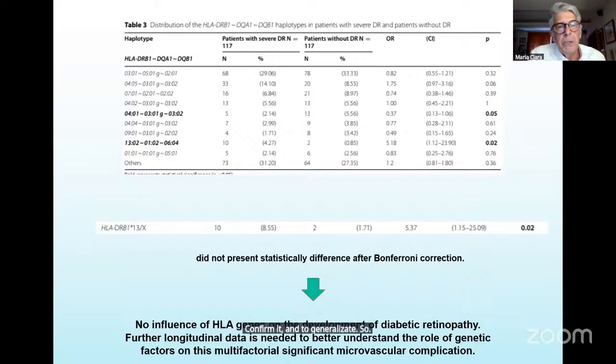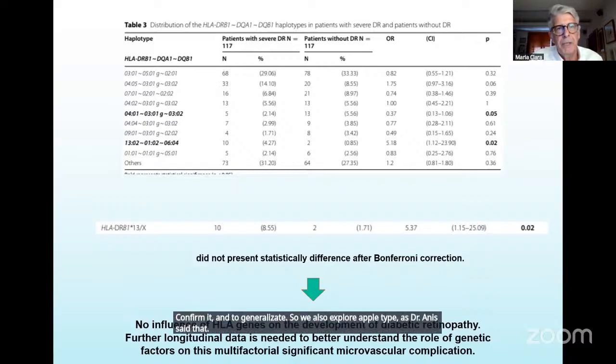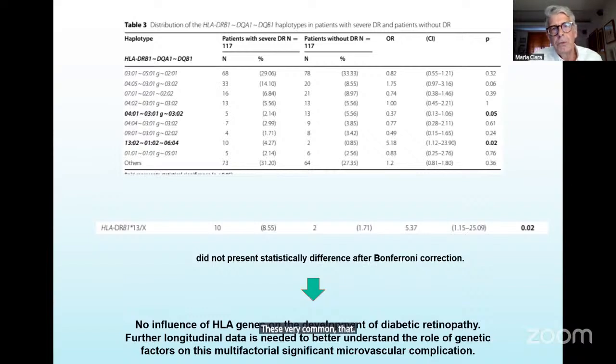So we also explored haplotypes. As Dr. Anis said, it is very common that HLA-DRB1, DQA1, and DQB1 come together, one from the father and the other from the mother.